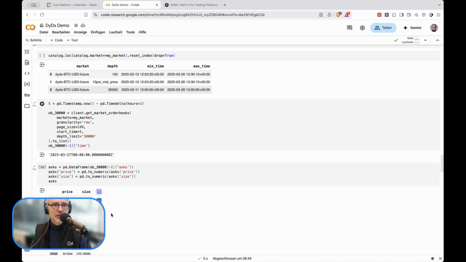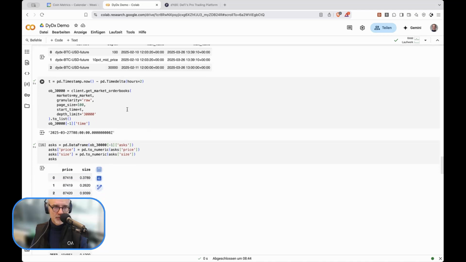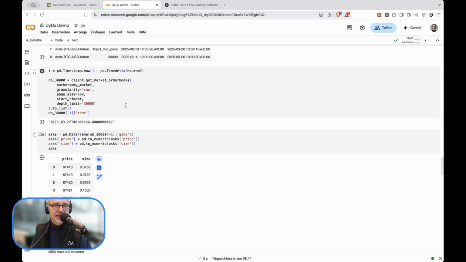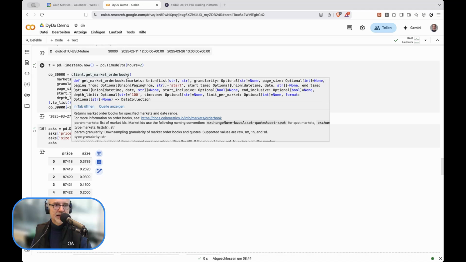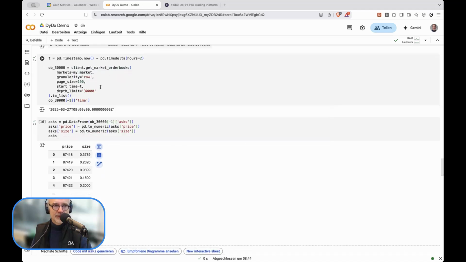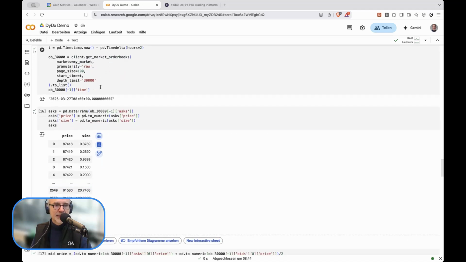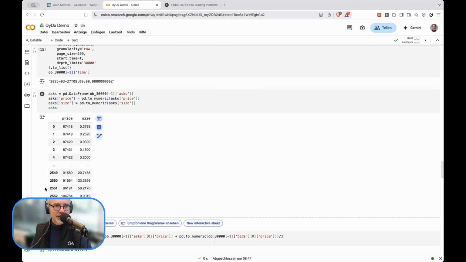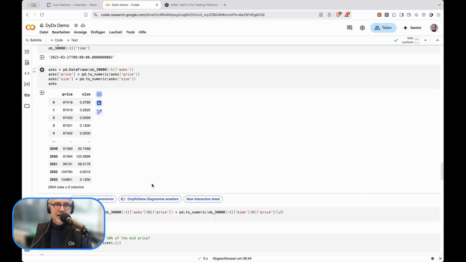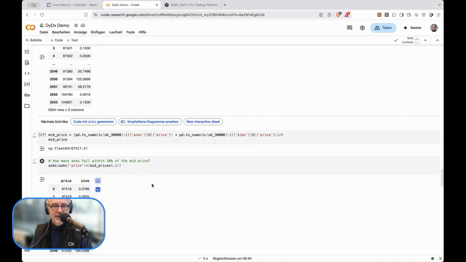If you then request that order book data, for example, for BTC USD, for the asks, you get 2,500 rows, which means that the 30,000 is the upper limit of how many data points you may get.